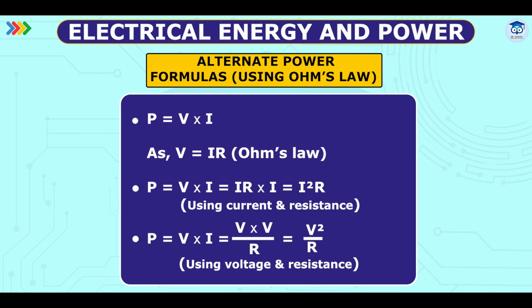Alternatively, expressing current as V divided by R and substituting into the formula gives P is equal to V square divided by R. It is useful when voltage and resistance are known. These different forms of the power formula allow us to calculate power depending on the known quantities in a circuit.